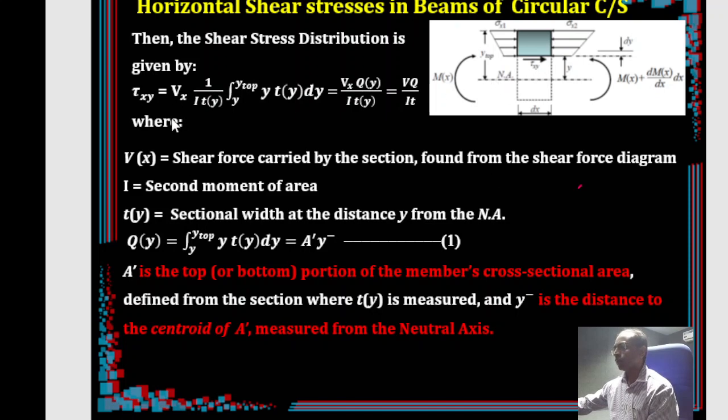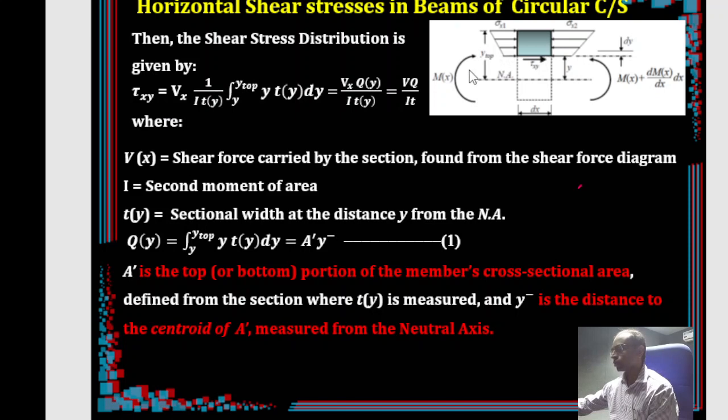The governing equation we are going to use is always this only. Tau xy is the equation for the calculation of the horizontal shear stress.